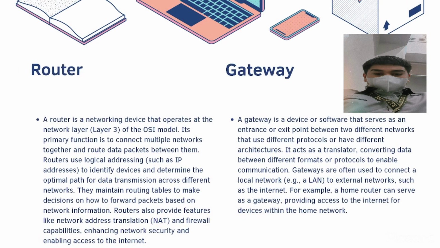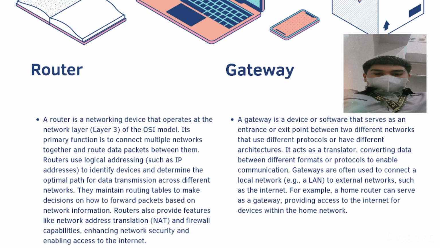Third one, router. A router is a networking device that operates at the network layer, layer 3, of the OSI model. Its primary function is to connect multiple networks together and route data packets between them. Routers use logical addressing, such as IP addresses, to identify devices and determine the optimal path for data transmission across different networks.